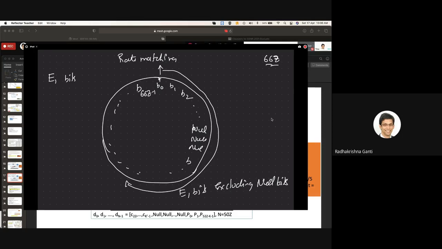So excluding null bits, you count E1 bits. Sometimes what might happen, if your code rate is very low, you might have to do one more circle. You might have to come like this. On the other hand, if your code rate is very high, you may not even use all the bits. You might have to stop at this point. Okay. So this is called rate matching.